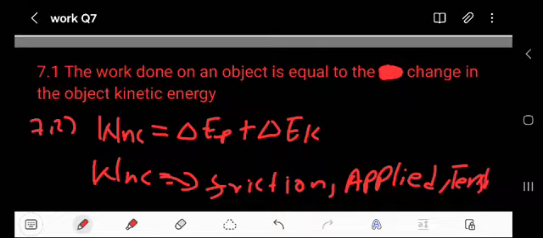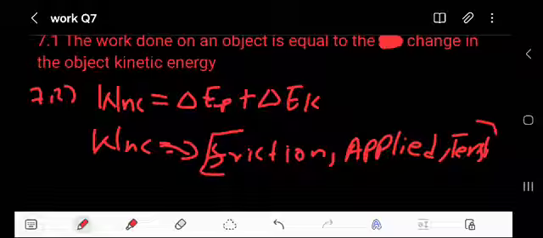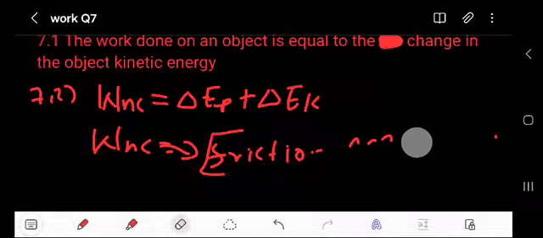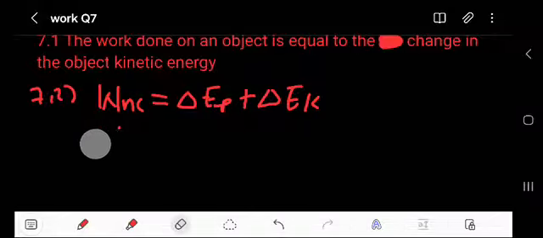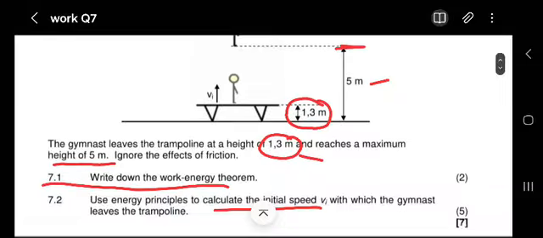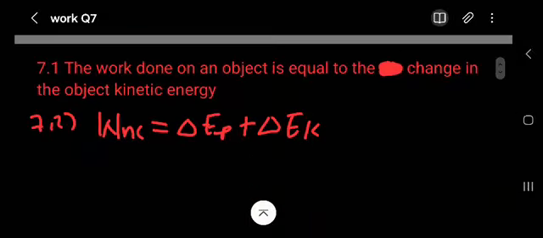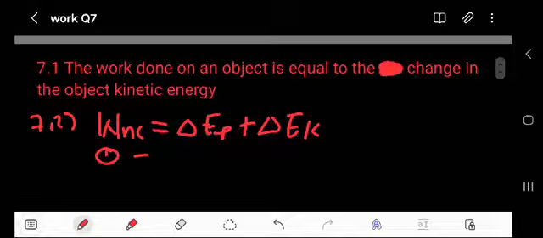Gravity is a conservative force. So only these three are non-conservative forces. We don't have tension and we don't have friction, because they said we should ignore the effects of friction. So here we simply have a nice 0.